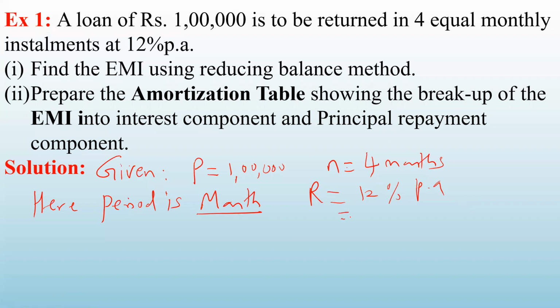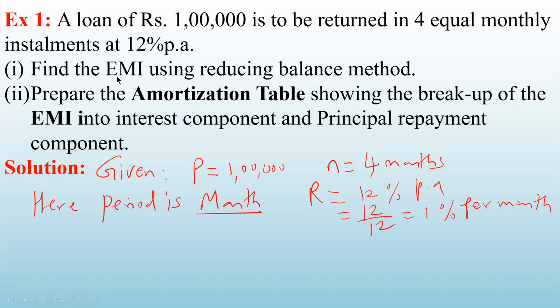So how much will be for 1 month? For 12 months it is 12, so for 1 month 12 divided by 12. So that is 1% per month. Whenever you have to calculate the EMI, make sure that you convert your rate of interest from per annum to per month by dividing it by 12, always. So R is 1% per month.